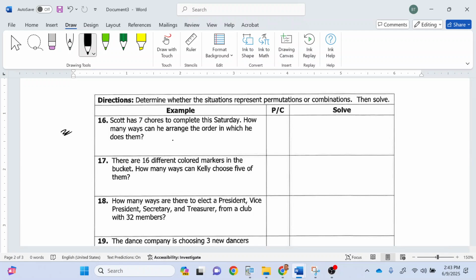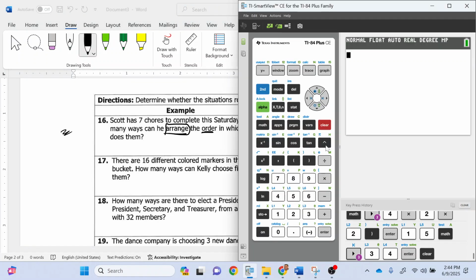All right. Scott has 7 chores to complete this Saturday. How many ways can he arrange the order in which he does them? In this case, the word arrange indicates I care about the order, it matters. So I'm going to say P. He has 7 chores and he's doing all 7 of them. So 7P7. Now, how do I do that in the calculator? I put my first number, 7.